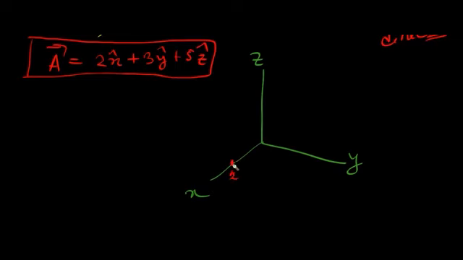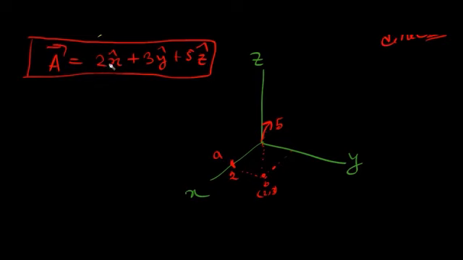From this point, let's denote it by small a, you go positive 3 units in the y-axis. Let's call this point B. So this point gives us 2, 3 on the xy plane. And from here, if you go upwards in the z direction, you go 5 units, and ultimately you draw an arrow like this.